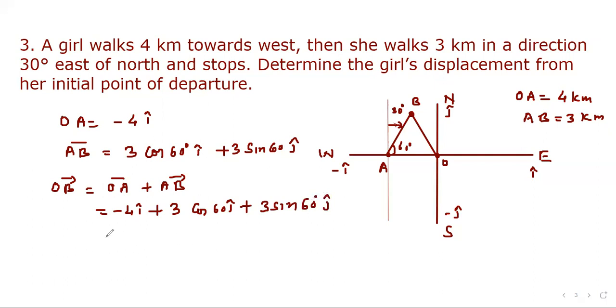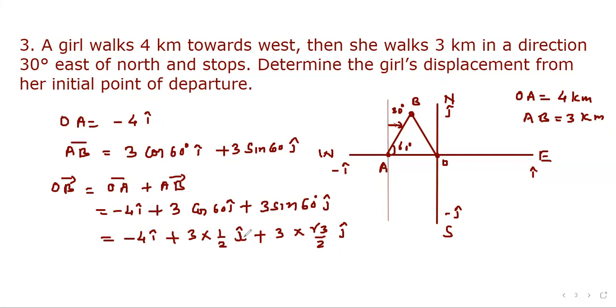So we put the values: minus 4 i cap plus 3 into 1 by 2 i cap plus 3 into root 3 by 2 j cap. This is 3 cos, this is not j cap, this is i cap.